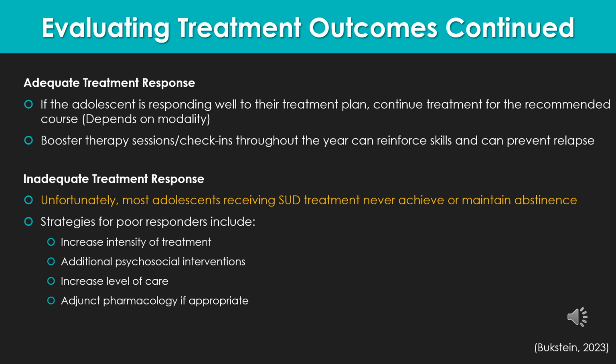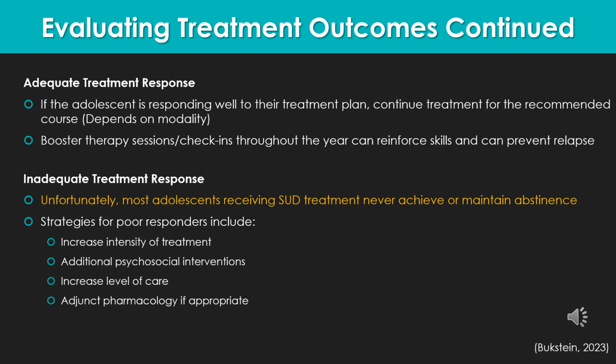If you find that your patient has inadequate treatment response, there are a couple different things you can do. You can increase the intensity of their treatment. That can be more frequent therapy sessions or even a more intense type of therapy. Like before, we talked about how multisystemic family therapy is like the most intense family therapy as an option.